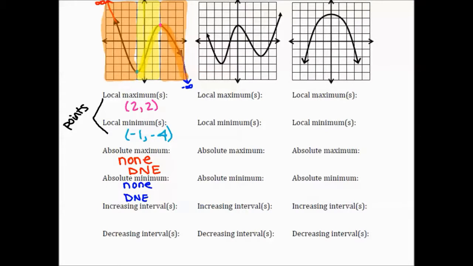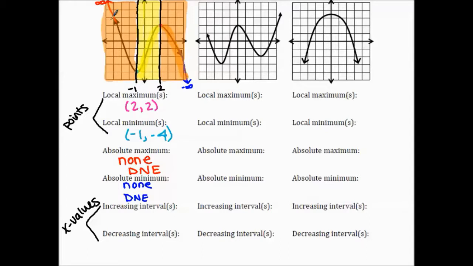So the key numbers that you look for when you are writing the increasing and decreasing intervals is where it changes from increasing to decreasing, and you are looking specifically at the x values. So right here at -1, the graph changes from decreasing to increasing, and here at 2, the graph changes from increasing to decreasing.